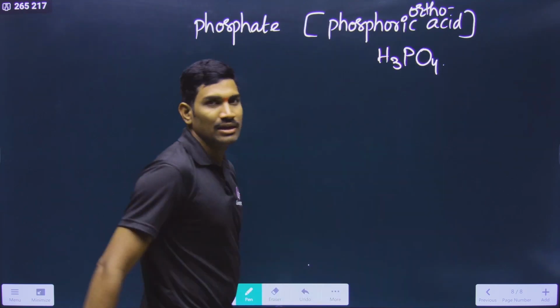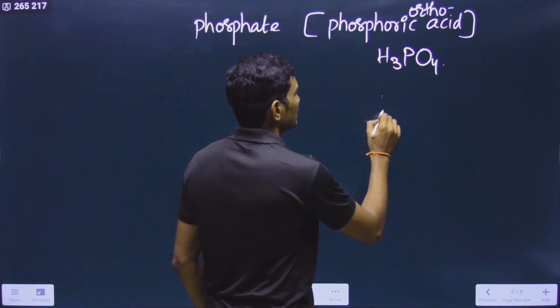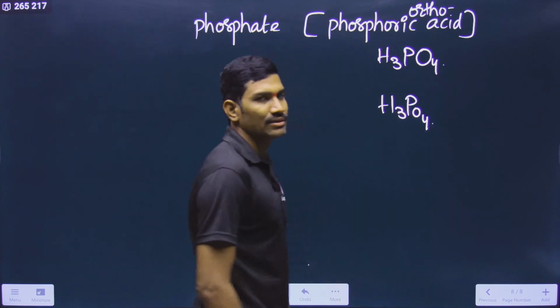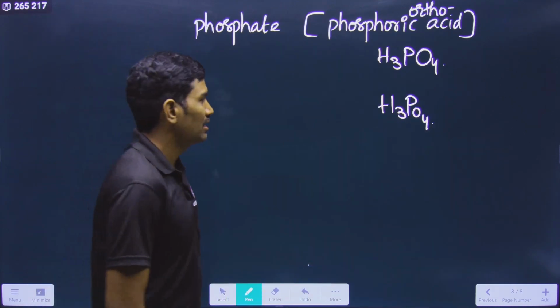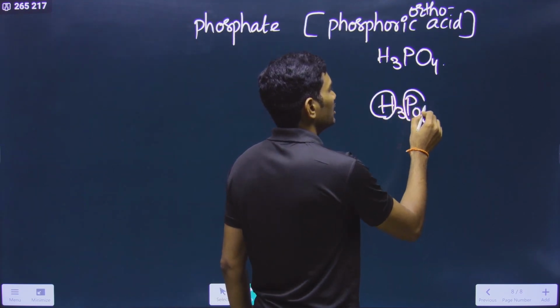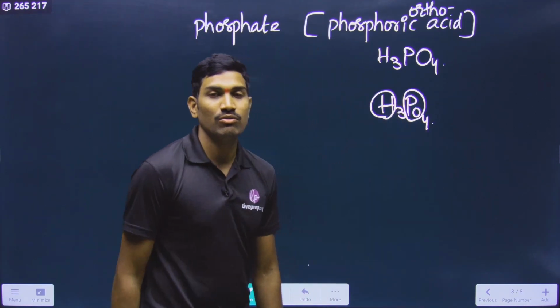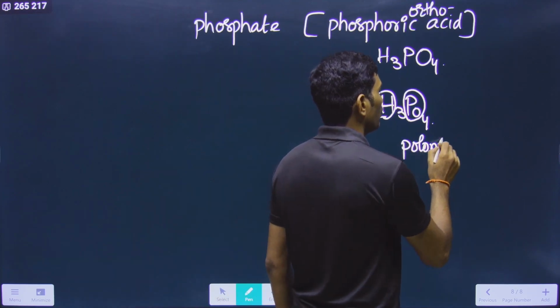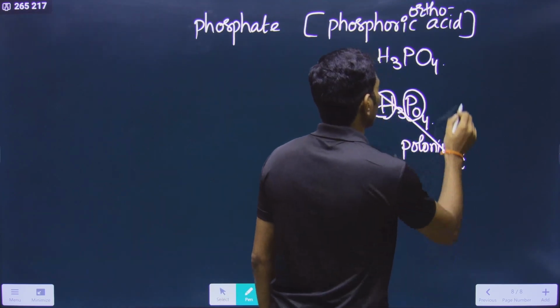H3PO4. Please remember, many students write H3P small o4. Can you write like this? H means hydrogen. Capital P small o will become polonium. So this is wrong.